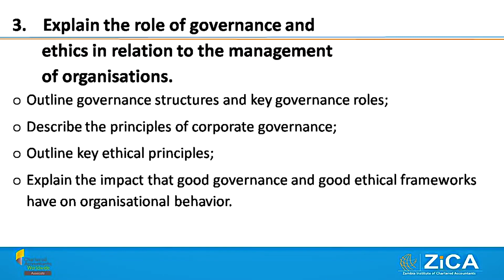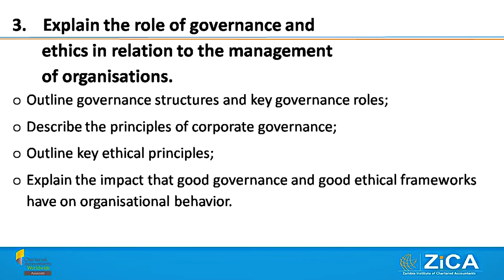Here we expect that the student will outline governance structures and key governance roles, and they should also describe the principles of corporate governance and outline the key ethical principles that they need to have in ensuring that this is well done.